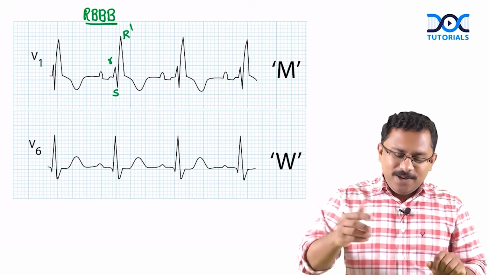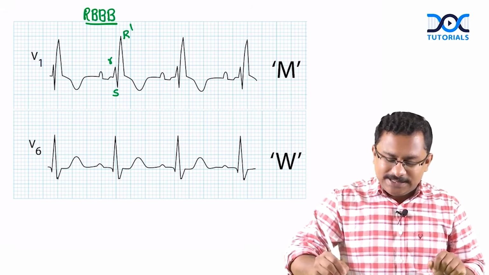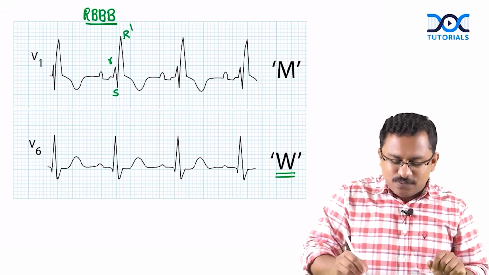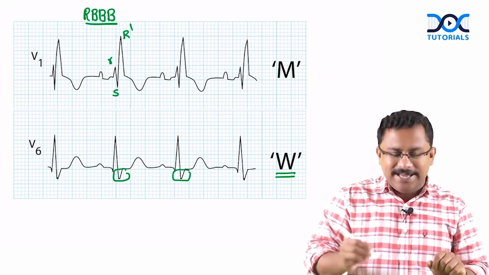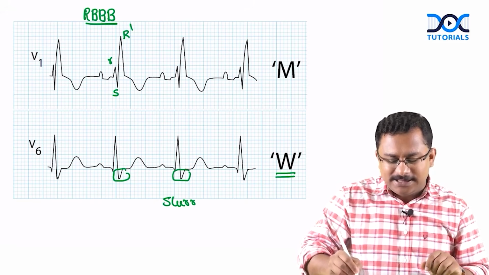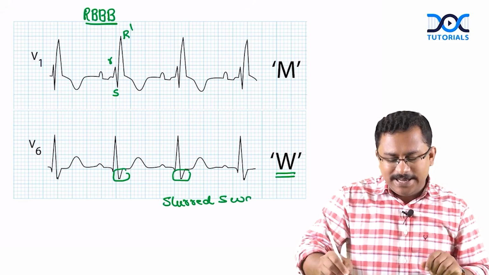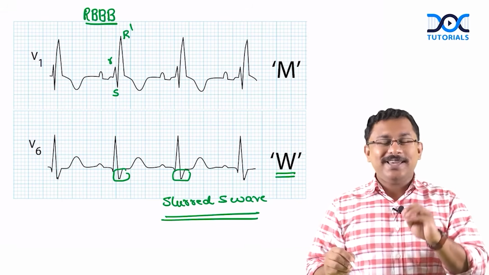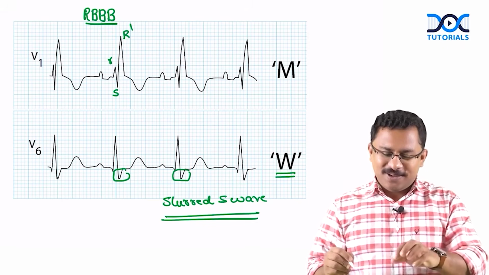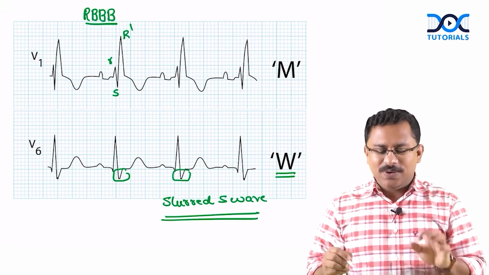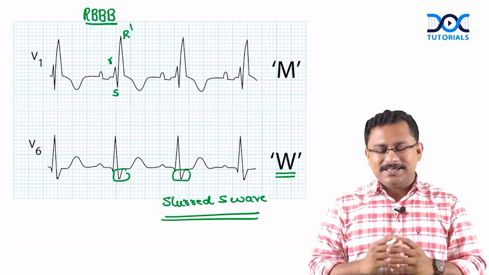So that will be an M shape in V1 as well as a W shape in V6. And remember, in V6 in right bundle branch block, you will slightly see a slurred S wave also. So this is what you see in right bundle branch block. Okay, alright. So just to show you right bundle branch.